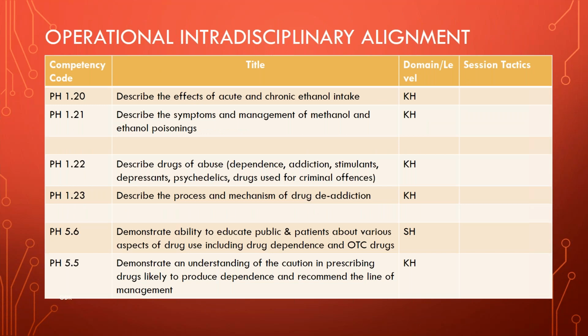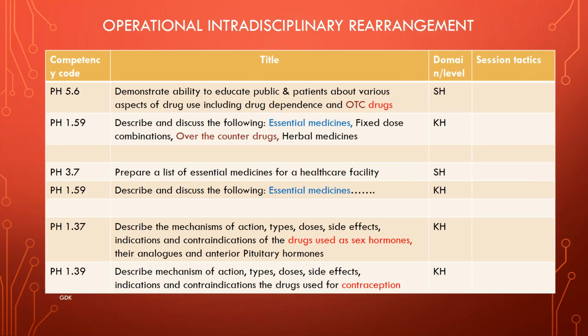But my suggestion, in making the implementation very rational and sensible, is that we should break these competencies. As was said about clustering of the competencies, clustering of the SLOs, and splitting of the SLOs, both have to be done for it to be handled sensibly.